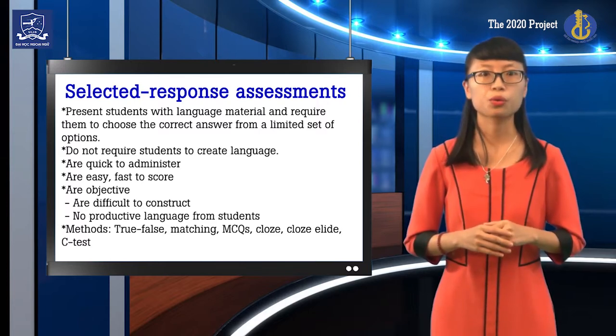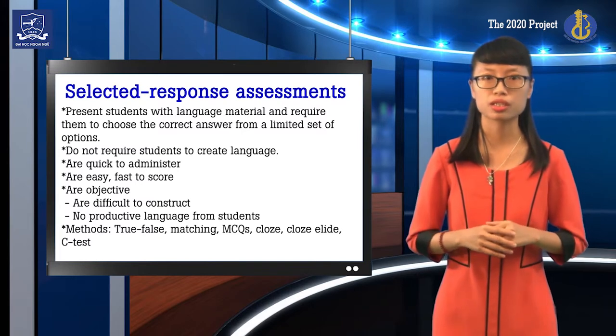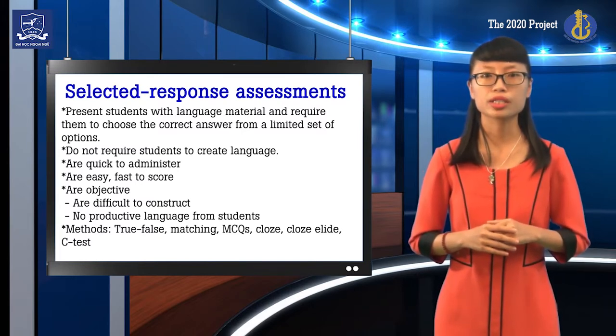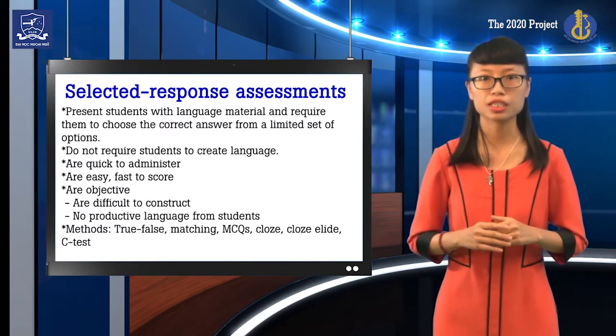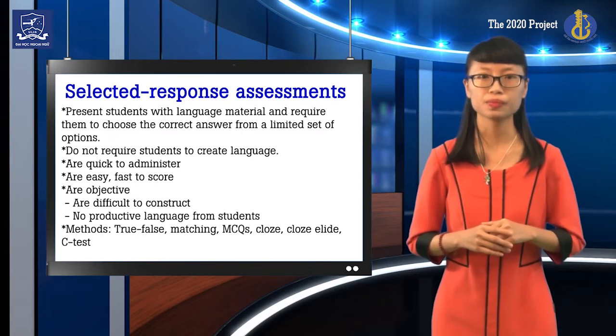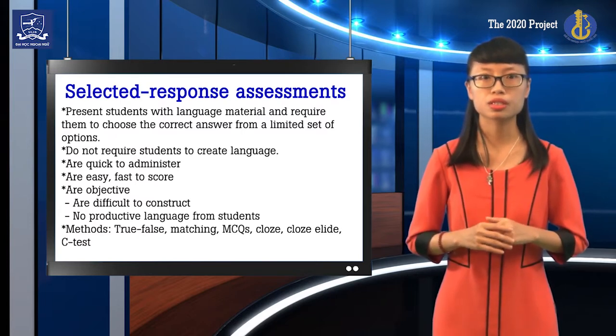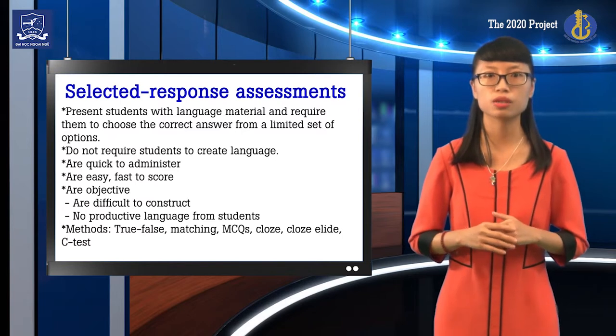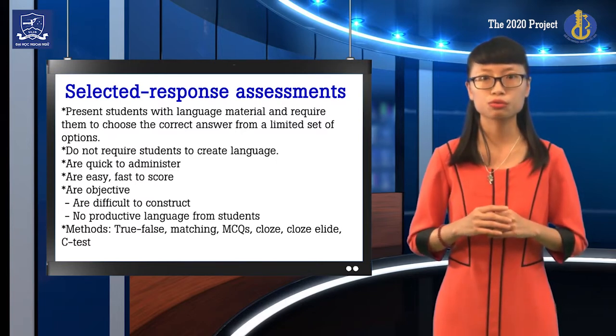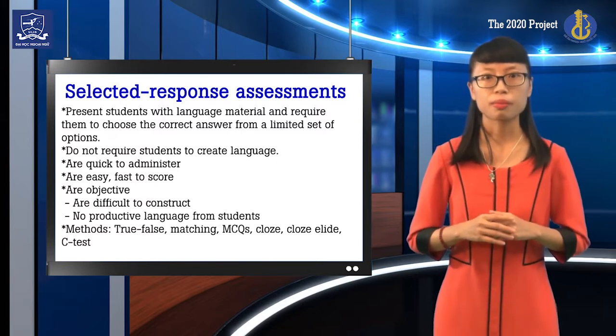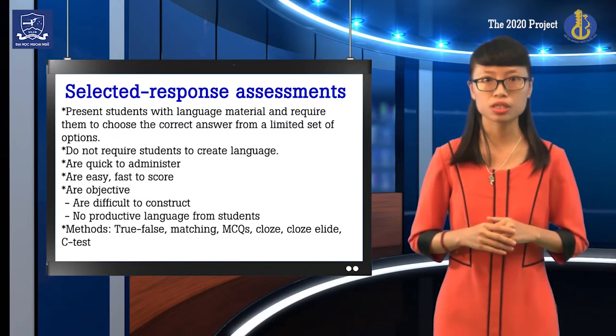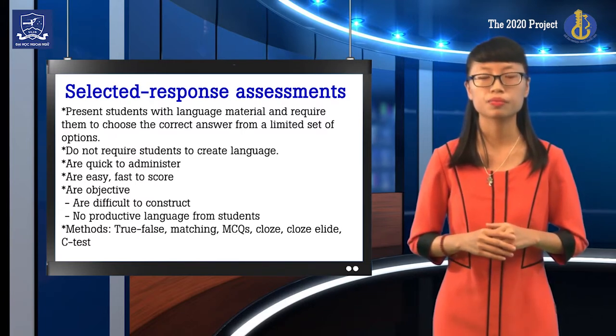They are quite difficult for the test writer to construct, and they do not require students to use any productive language. Some commonly used types of selected response assessments are true, false, not given, matching, multiple choice questions, and cloze test.